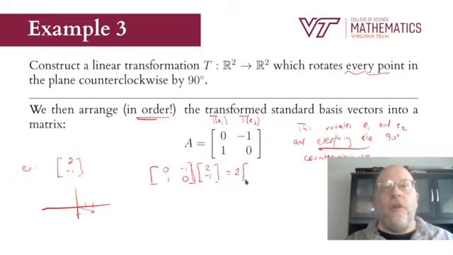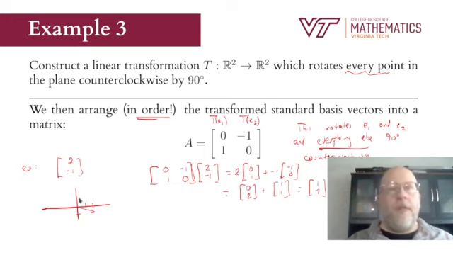That's 2 times 0, 1 plus -1 times -1, 0. We get 0, 2 plus 1, 1, which is 1, 2. I'm going to plot that on the same graph, but I'm going to plot it in blue. And that is rotated 90 degrees counterclockwise from the point we started with.